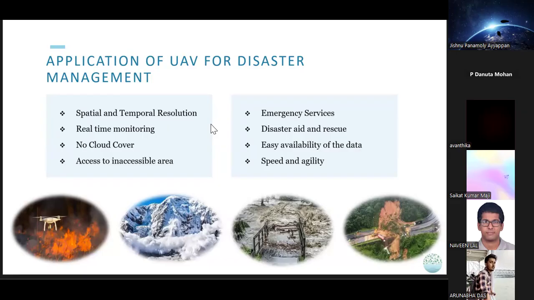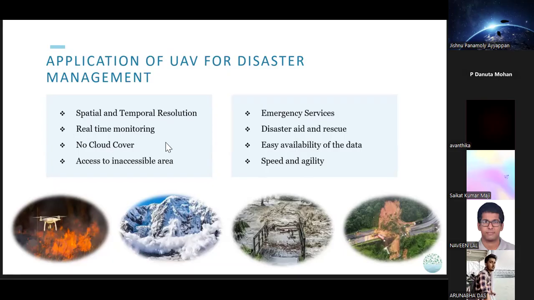I will have the data of past scenarios, but I want to see the future conditions of the area and monitor it. For that, I have to wait until the satellite passes over that same region and then sends the data to us, so it can delay the overall process. The advantage of using drones is the temporal resolution. Yesterday we also discussed the data mining capability of drones, because we can fly the drone as and when we require.